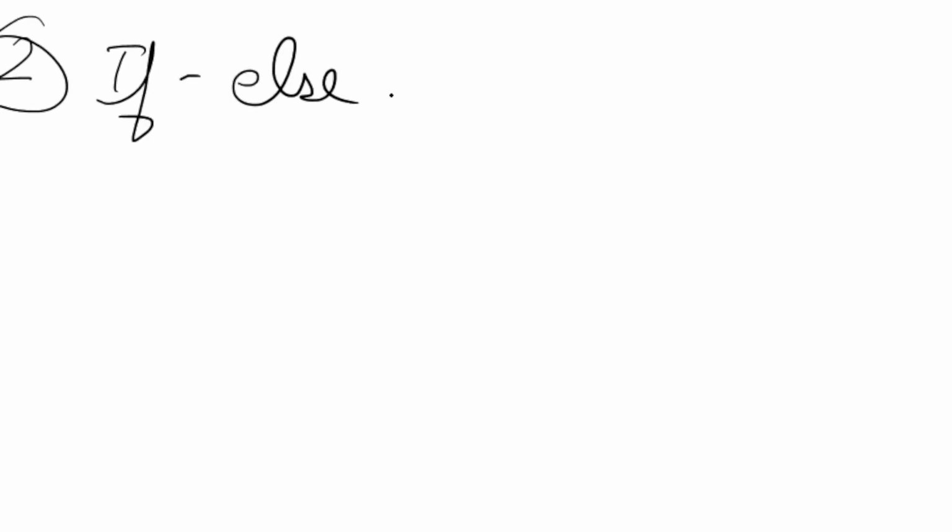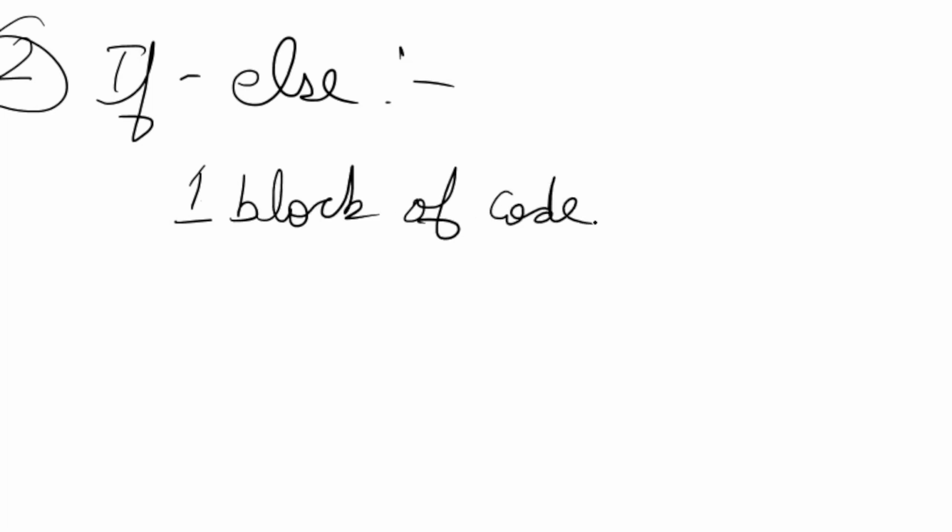Now let's move on to the second one, which is the if else statement. It executes only one block of code if the condition is true, and another block if the condition is false.